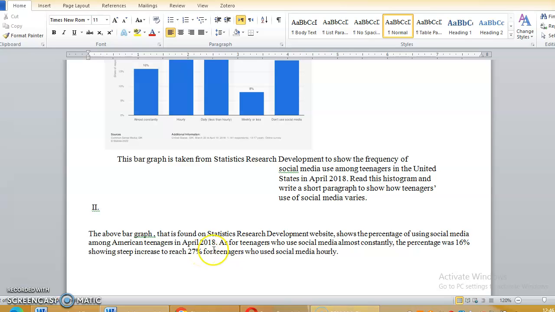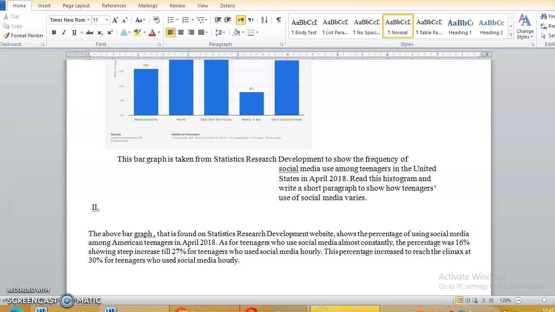This percentage increased to reach the climax at 27% for teenagers who used social media hourly. I used increased in order not to use to reach twice.